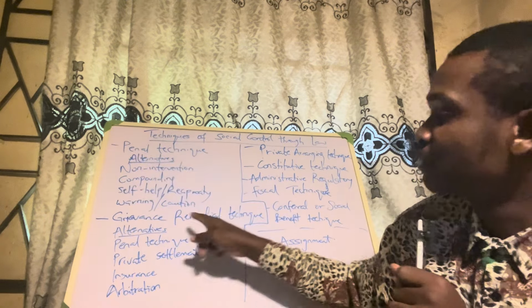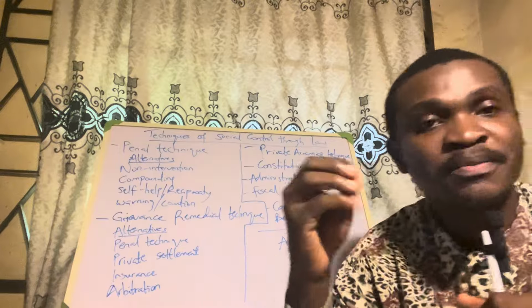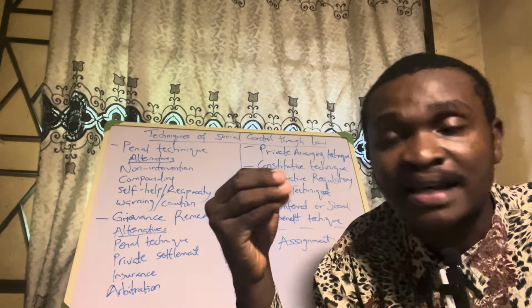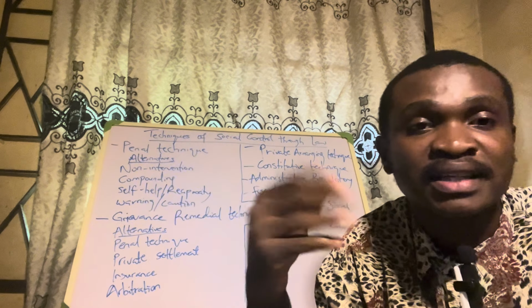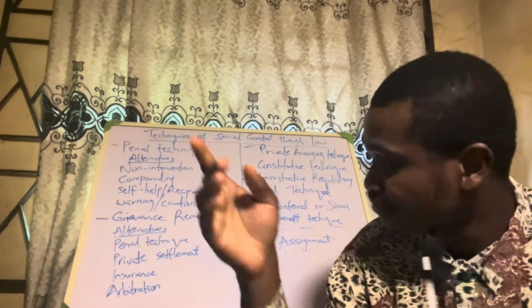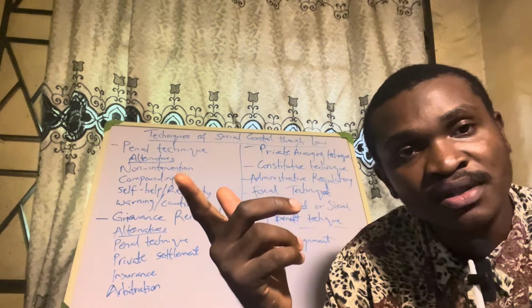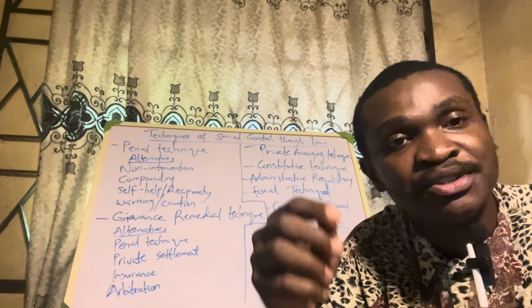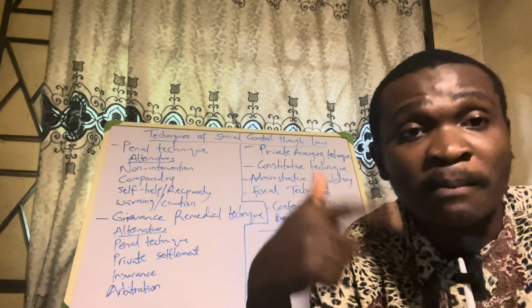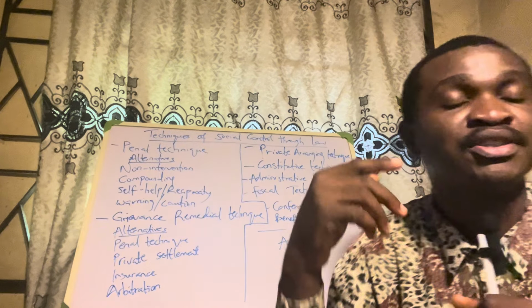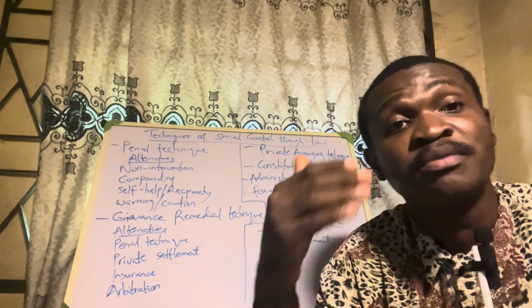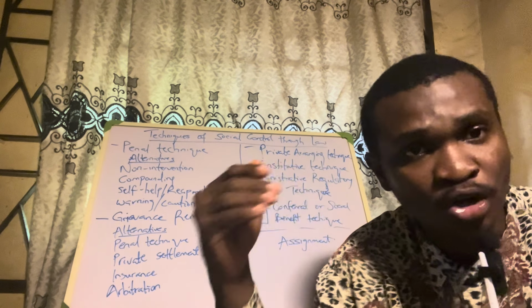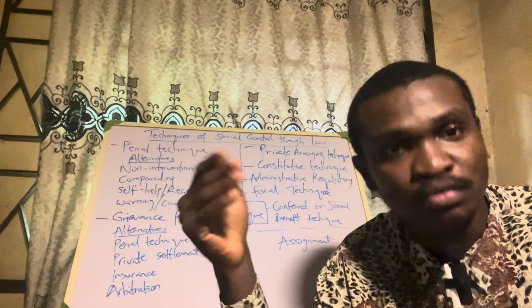But now remember that this particular thing is something that the courts will have to state. That means if you breach a contract that we entered into together, I will have to go to court, and the court will now be the one to make the order that you pay me damages. Damages means monetary compensation. Pay me damages, or do some particular thing that I want to be done that you did not do.